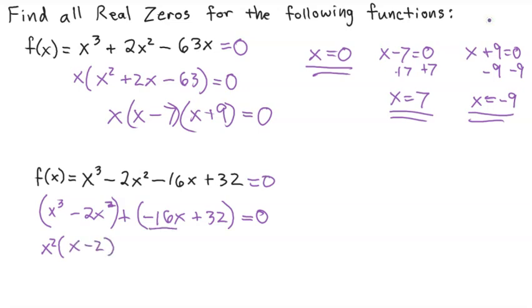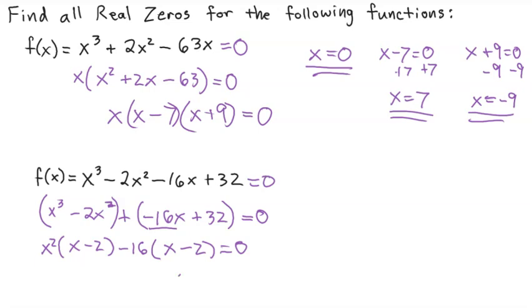Okay? Here, we're going to factor out a negative 16. So we'll take out negative 16, and then we'll have x. Positive 32 divided by negative 16 is negative 2. So we'll have minus 2. This whole thing is equal to 0. Okay? And then this x minus 2, that's only one factor.